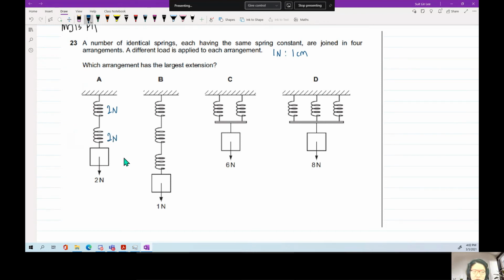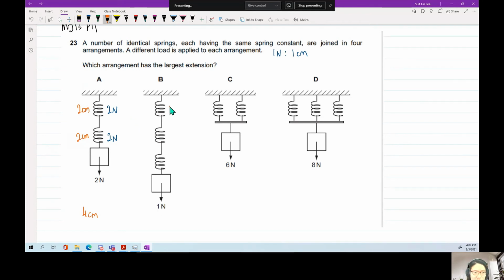You support 2 Newton, so the extension of the top spring is 2 cm. The other extension is also 2 cm. So your total extension is 4 cm.